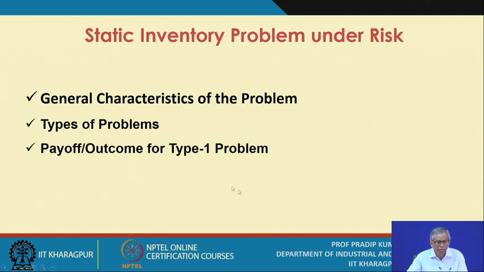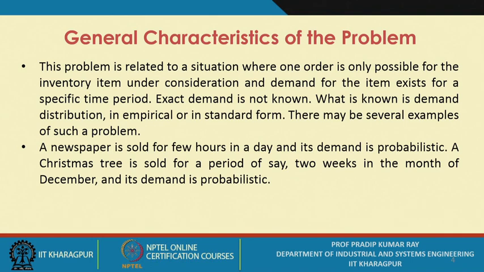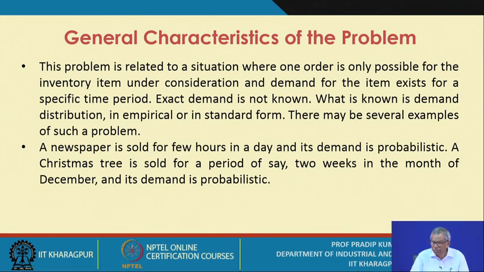Okay. Now here let me just tell you that we are referring at this point in time to static inventory problem. If you refer to our week 1 lecture sessions, you'll find that is the most simple classification of inventory problems. We refer first to the static inventory problem, and then the dynamic inventory problem comes.